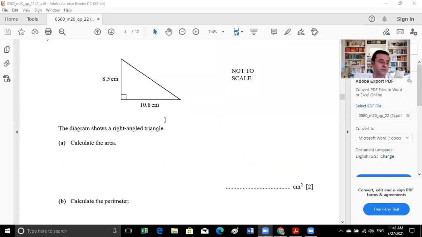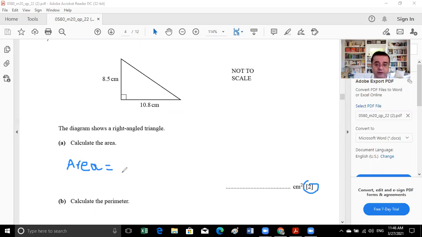This one, what do you do? What do you do here? Half base times height, which is half times 10.8. So you write here, first of all, you see 2 marks. Area, you write the formula. Please, we don't want to lose any mark.